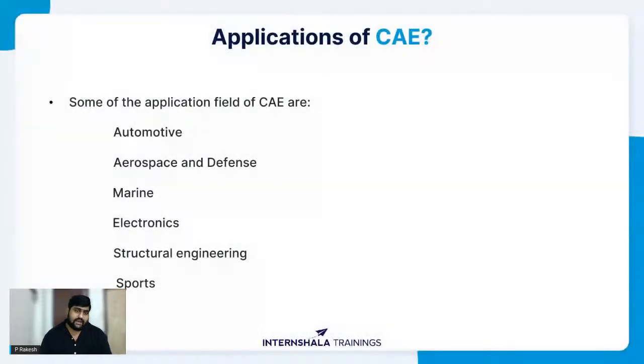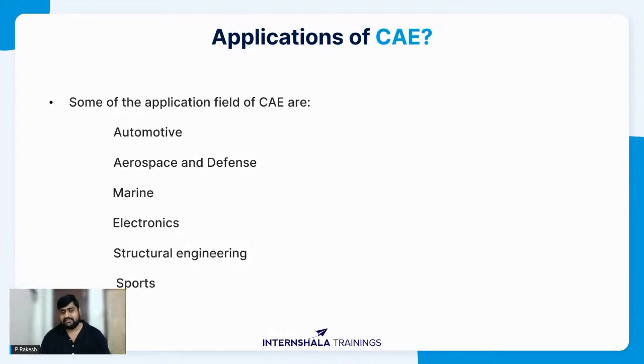So what are some of the application fields of CAE software? We already know that wherever product design or product testing is involved, or material design, material testing, we'll have the application of CAE software. For example, automotive is one area.